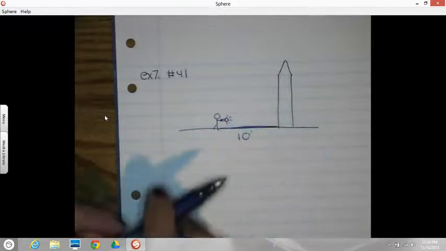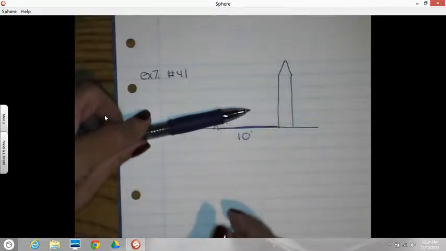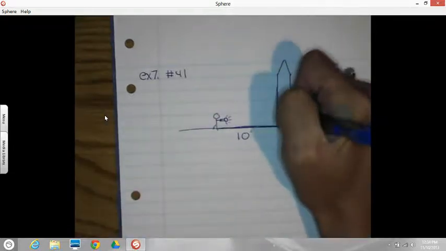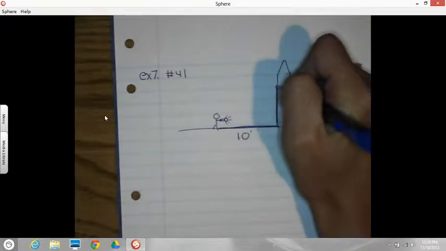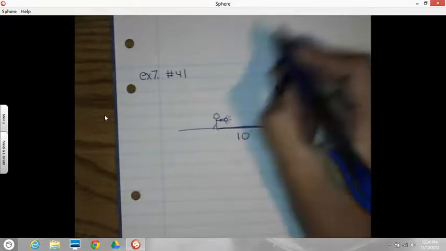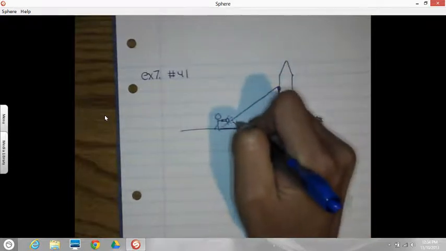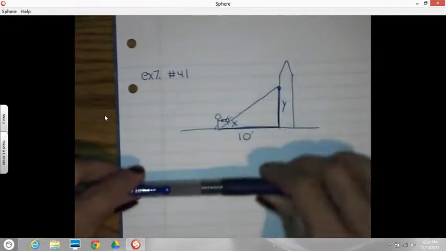And then we're going to take that flashlight, we're going to rotate it up the wall. And Y is going to be the distance from the light to the ground. And X is going to be the angle of rotation as we move it up.